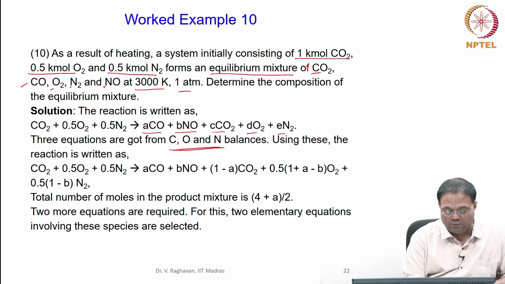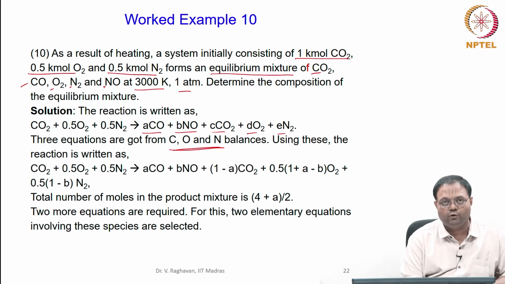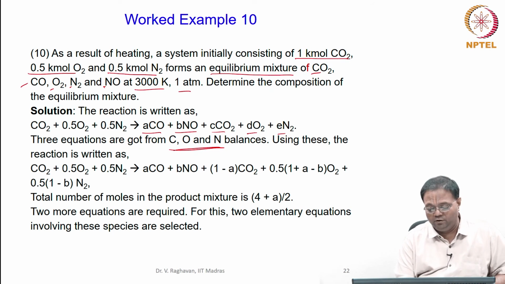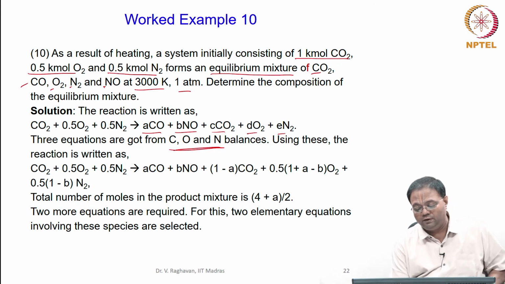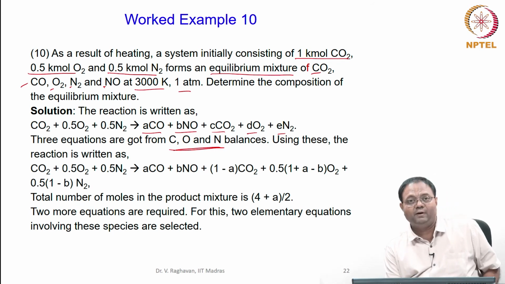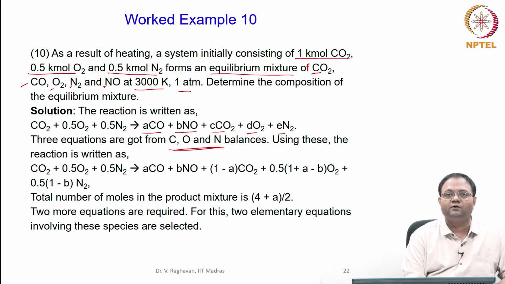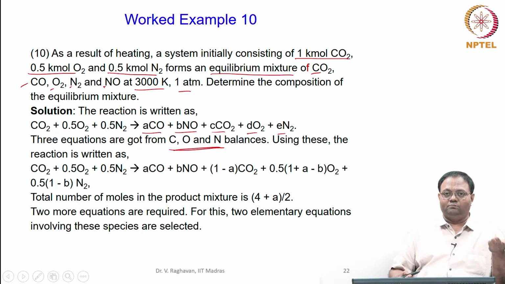So CO2 plus 0.5 O2 plus 0.5 N2 is the reactant, we can forget about this. Now the product is A CO, B NO, then I am writing C in terms of A, 1 minus A CO, and D in terms of A and B, so 0.5 times 1 plus A minus B. Similarly, N2 is written in terms of B because of NO. Okay, so now only 2 unknowns are there.